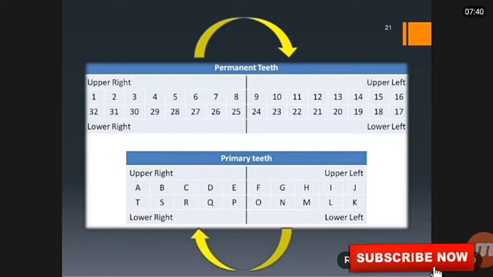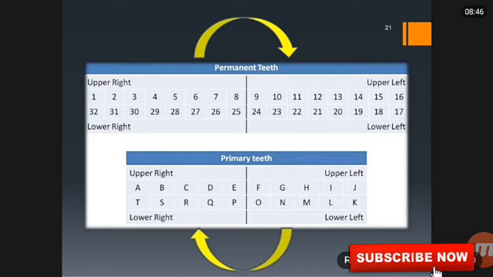For the maxillary teeth, it begins with the right second molar, which is A, and runs from A through J. For the mandibular teeth, it starts with K and finishes at T. The upper left central incisor in primary teeth is referred to as F, the upper right central incisor as E, and the upper right first molar as B.